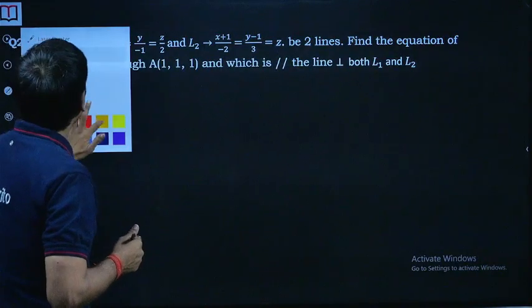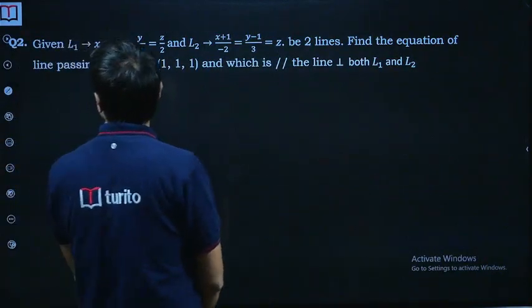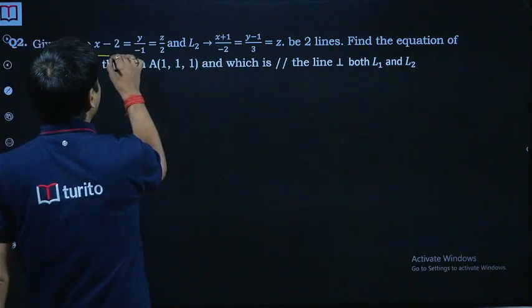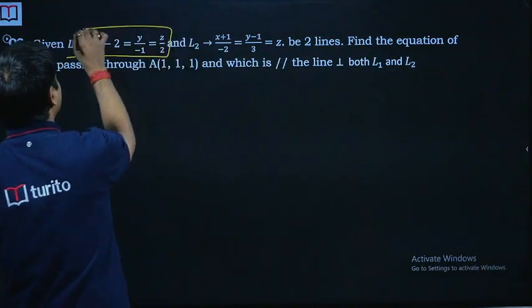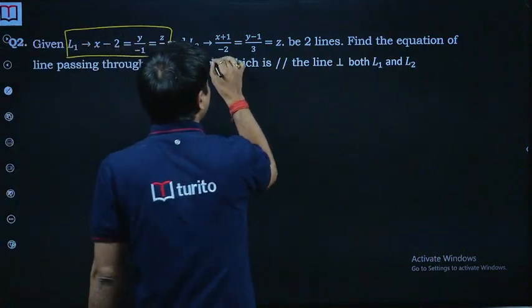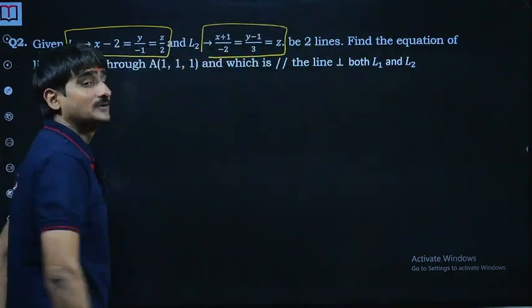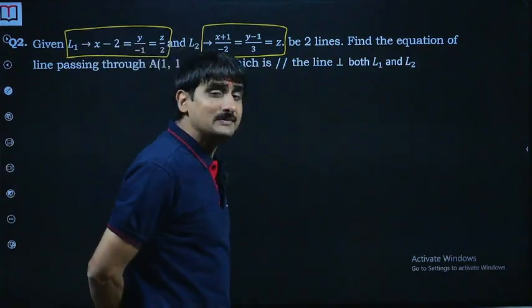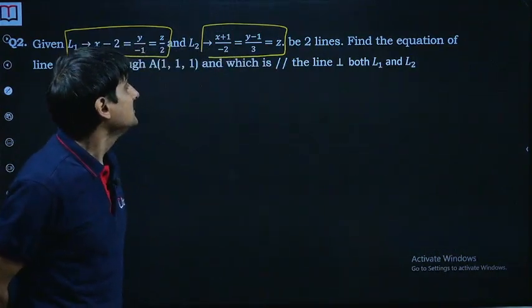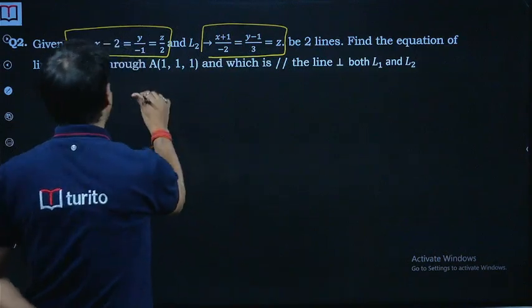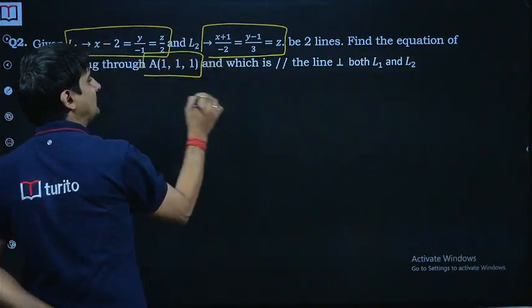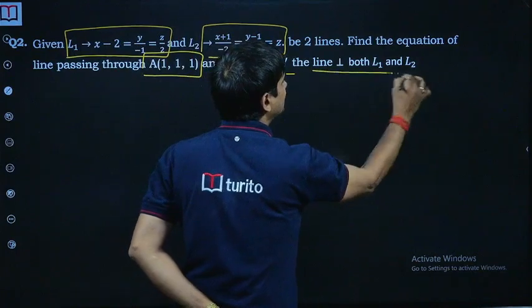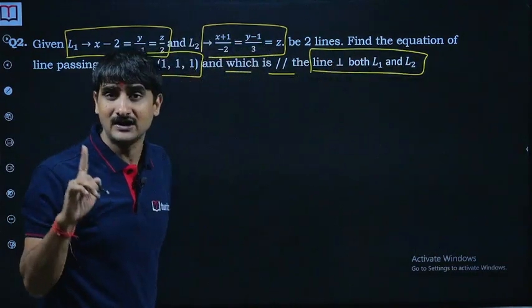Moving to the second one. Now the second question is: given a line L1 which is (x minus 2) is equal to y upon minus 1 is equal to z by 2, and L2 another line which is (x plus 1)/(minus 2) is equal to (y minus 1)/3 is equal to z. Find the equation of a line passing through a given point and which is parallel to the line perpendicular to both L1 and L2.